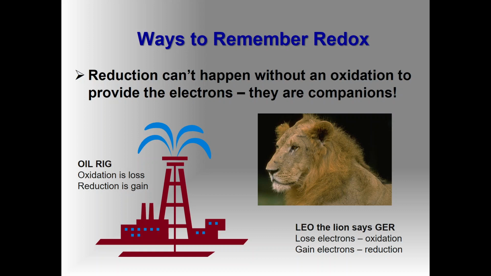Another one is LEO the lion says GER. LEO stands for loss of electrons is oxidation. GER stands for gain electrons is reduction. So those are two nice mnemonics. I always remembered OIL RIG.